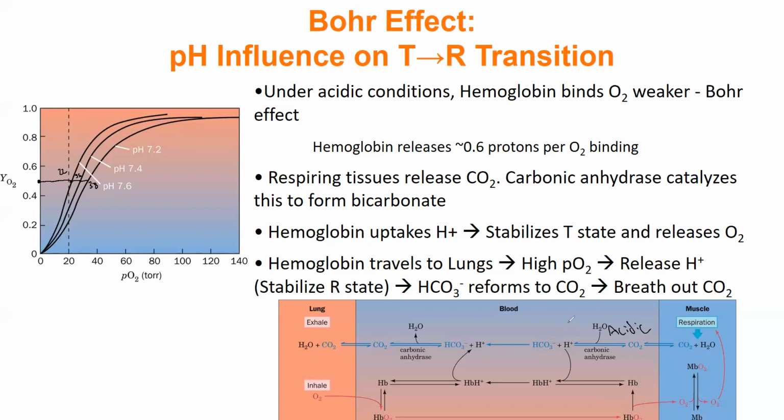So when you're working out, when you're using your muscles, the blood around your muscles becomes slightly acidic. Now, based on what we just said, when hemoglobin goes into acidic pHs, the T state is favored.